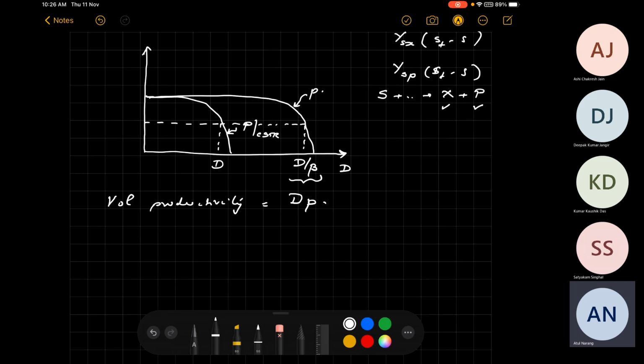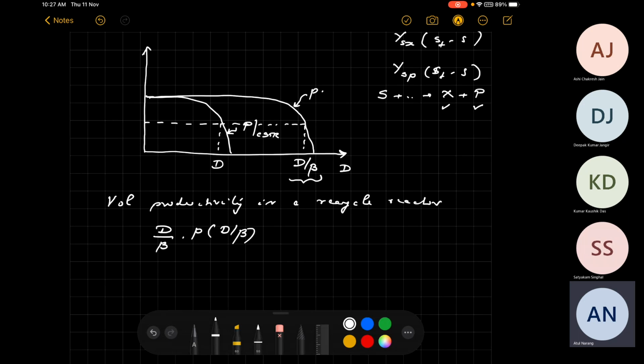So the volumetric productivity in a recycle reactor is D over beta times P at D over beta.